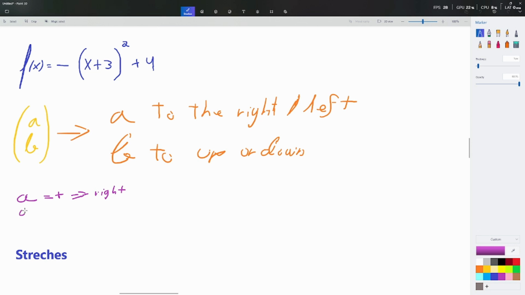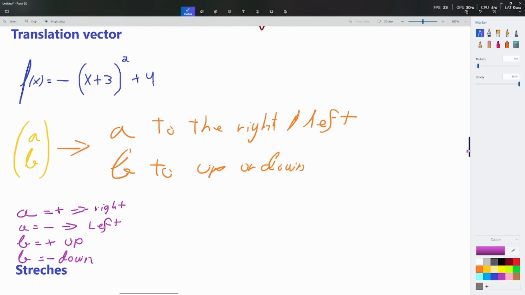And if A is negative, you move to the left. And if B is positive, then you will go up, and B being negative, you go down. I think that's very easy.